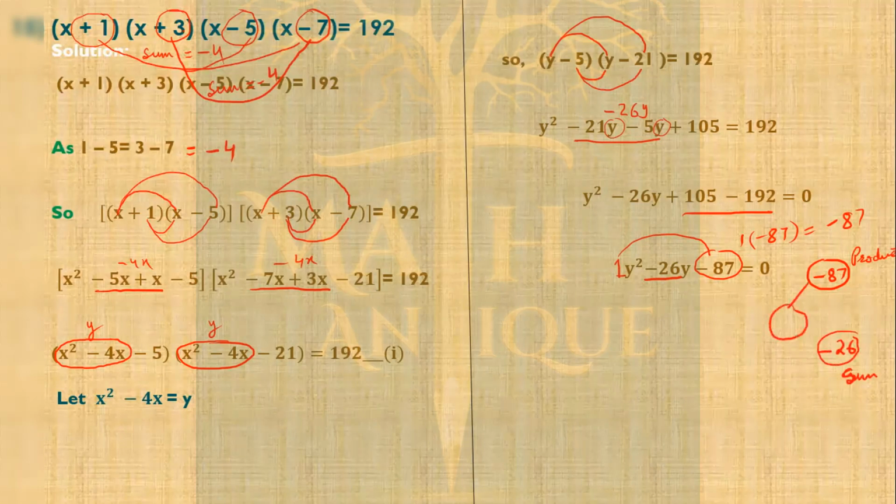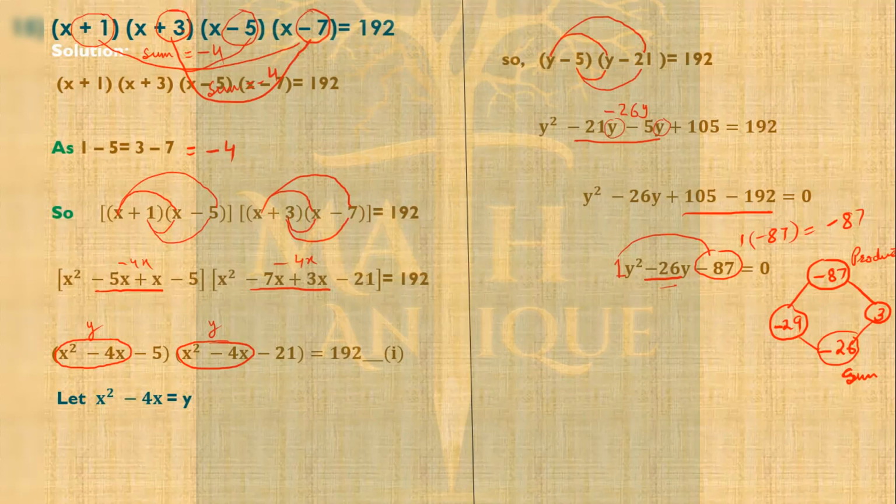What will be the numbers? The numbers are 29 times 3 is 87, but we need -87, so we will write the negative sign on the greater one because we need -26. So -29 plus 3 is -26. The sum is correct and the product is also correct.